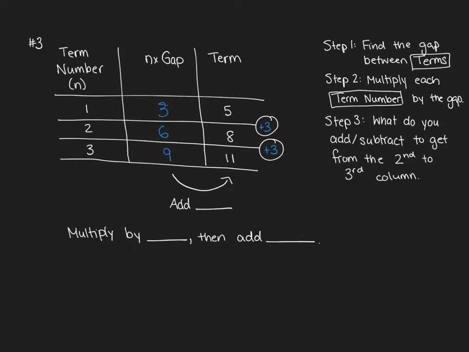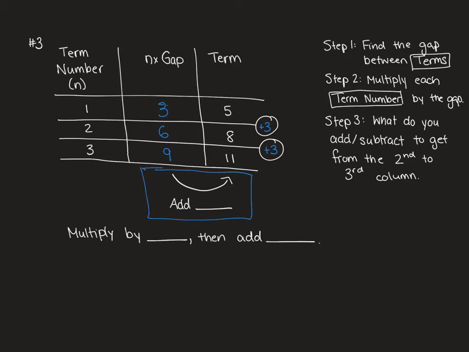So step 3 asks, what do you need to add or subtract to get from the second column, so this is the second column, columns go up and down, to the third column. Now, I know it looks a little bit confusing in your book having this add right above the multiply then add, so I just wanted to make it clear that this is connected.